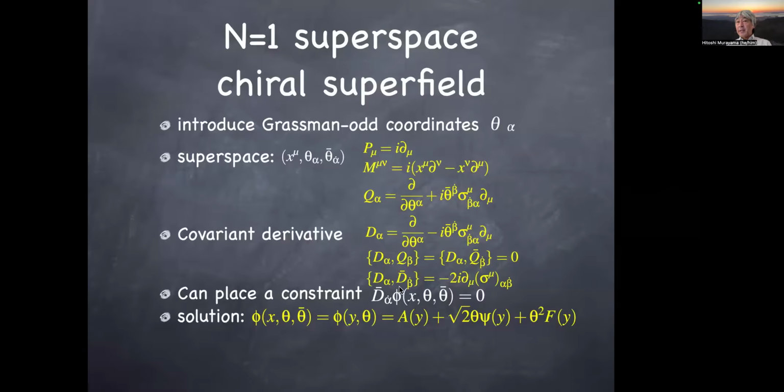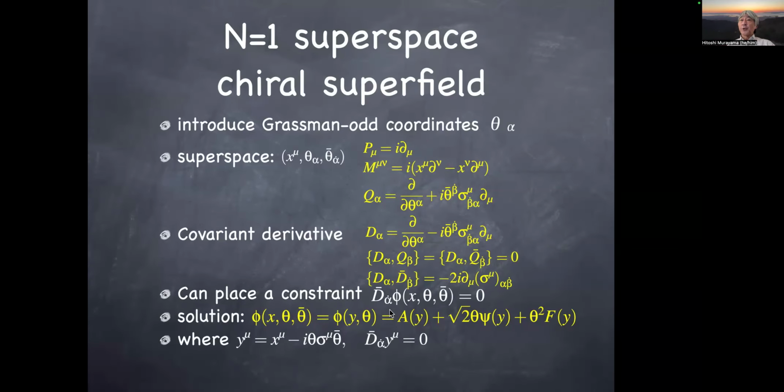So again, very roughly speaking, this D bar operator is the theta bar derivative. This basically says that phi doesn't depend on theta bar, depends only on theta, except that the spatial derivative piece would dictate that theta bar appears in this combination called y. That's a small detail, and you don't need to pay much attention to it.